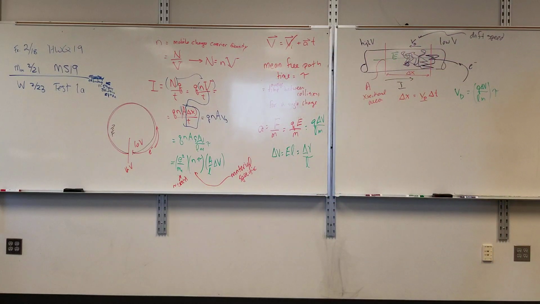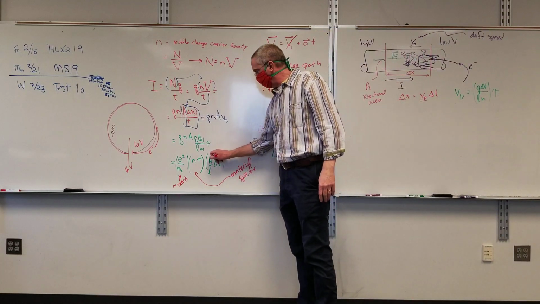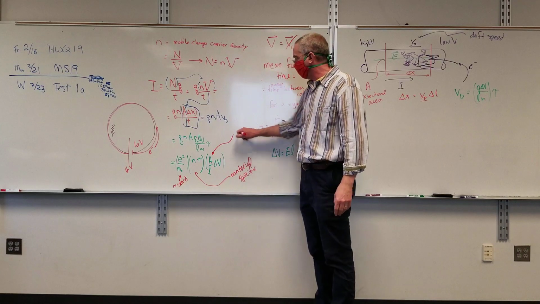So whether I'm using aluminum, gold, silver, copper, the mobile charge carrier density and the mean free path time would be specific to the material itself based upon density and where it is in the periodic table and so forth. A over L is wire specific.